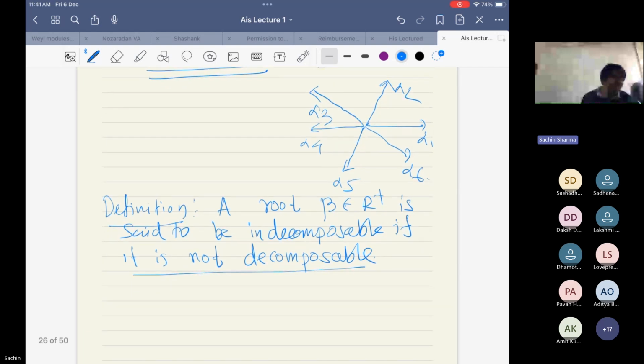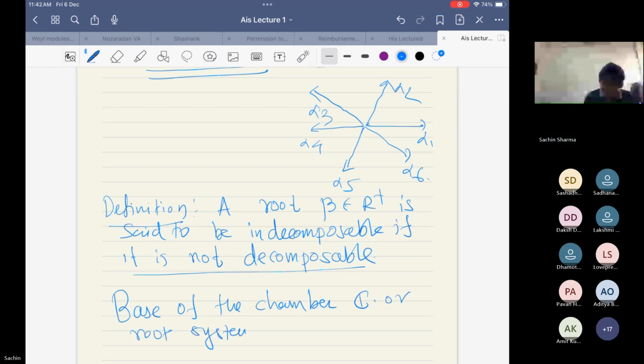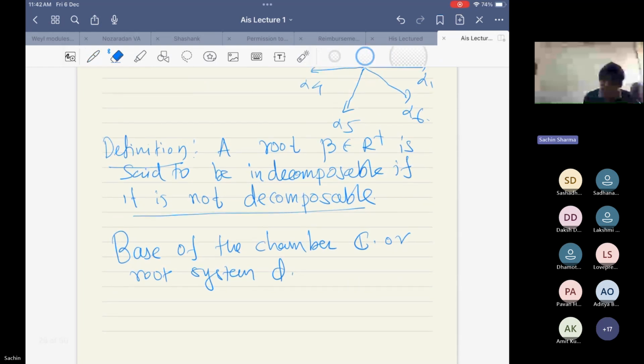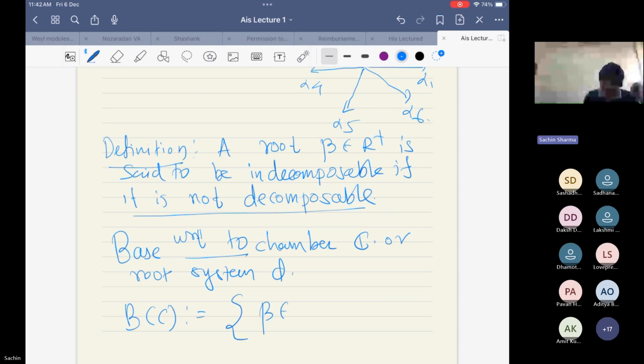Now we define the base of C. The base of the chamber C of the root system, with respect to the chamber C, is defined as the set of beta belonging to R plus of C such that beta is indecomposable.